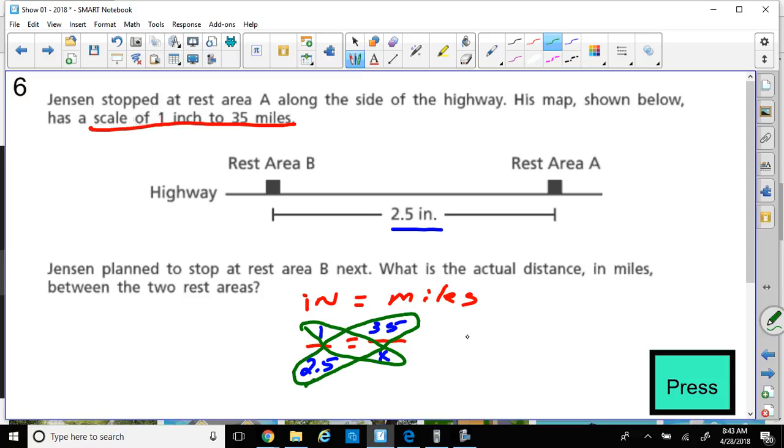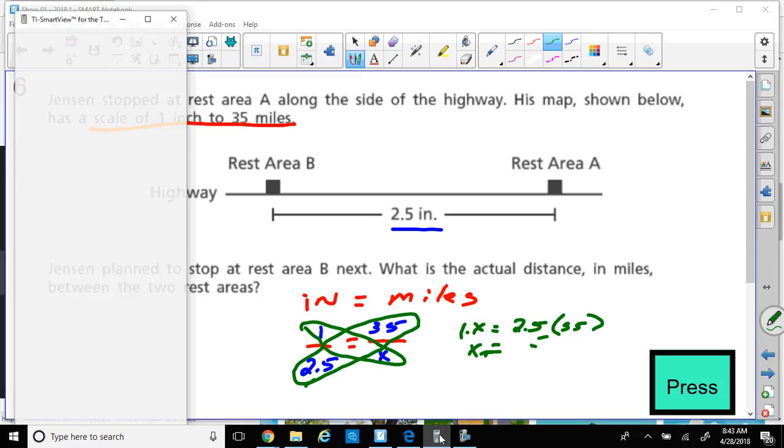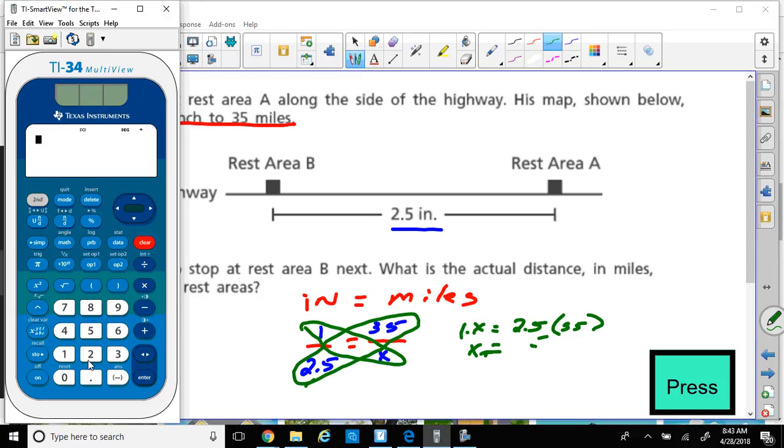All right, so we have 1 times X equals 2.5 times 35. 1 times X is X. And let's get my calculator out to help me out with 2.5 times 35.